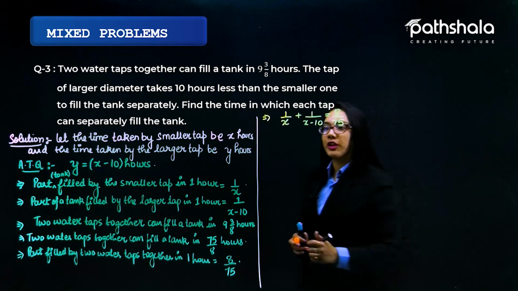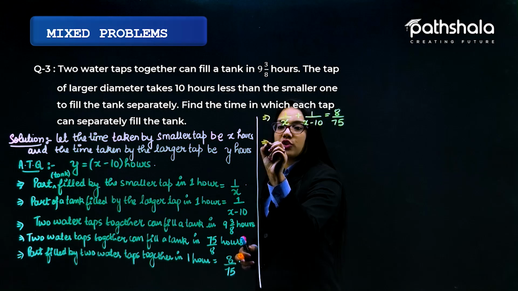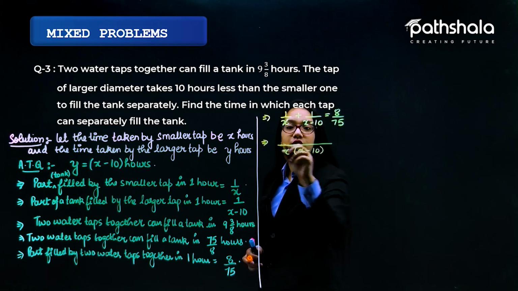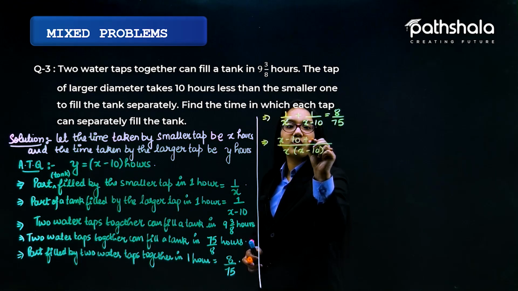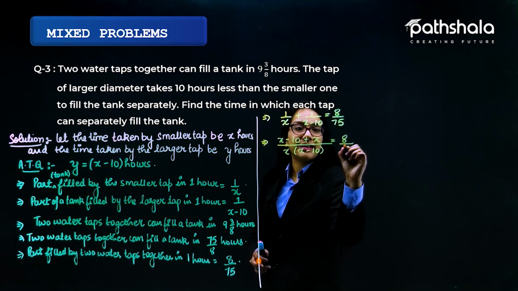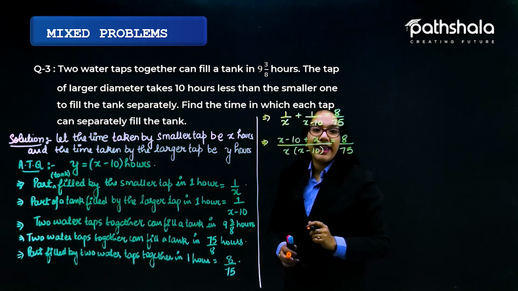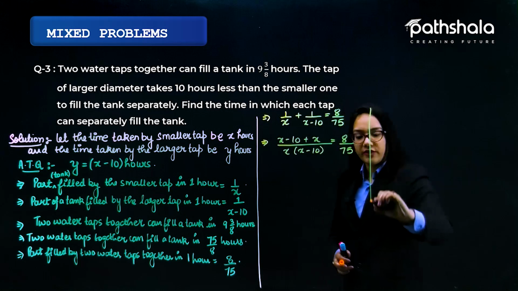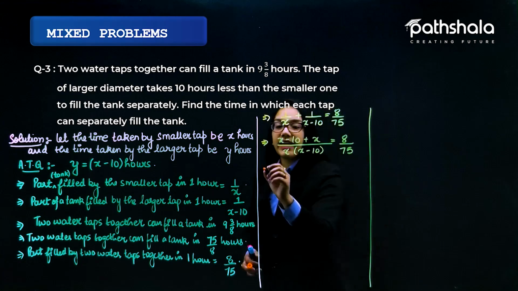So let's solve this particular P by Q formation. First of all, we are taking the LCM as X into X minus 10. So this would be X minus 10 plus X, which is equal to 8 by 75. Let's solve it further. As we can see, we have X and X over here.